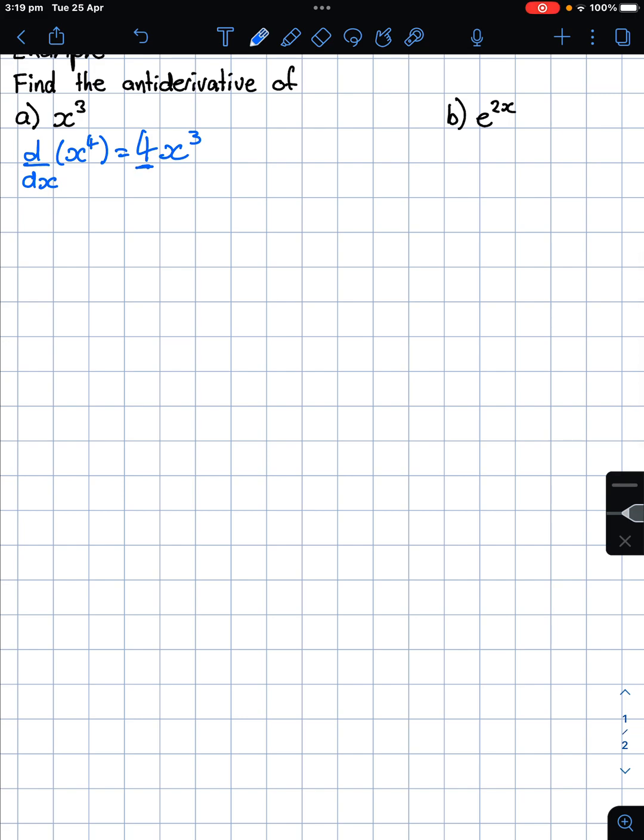We're 4 times too big, so therefore, if we go d dx of a quarter x to the 4, it's going to equal 1/4 times 4x to the 3.